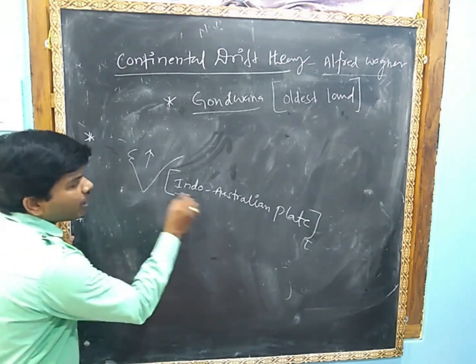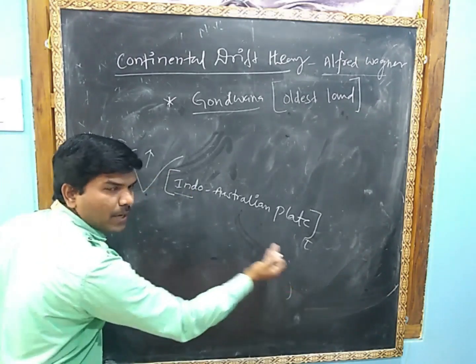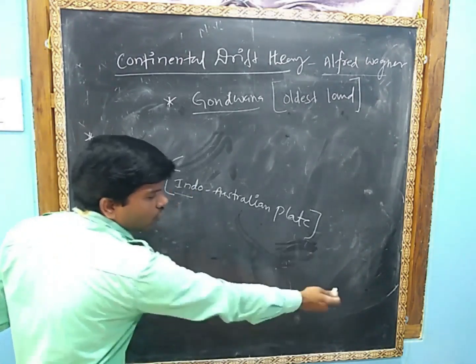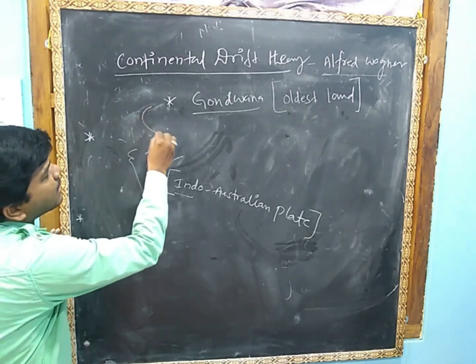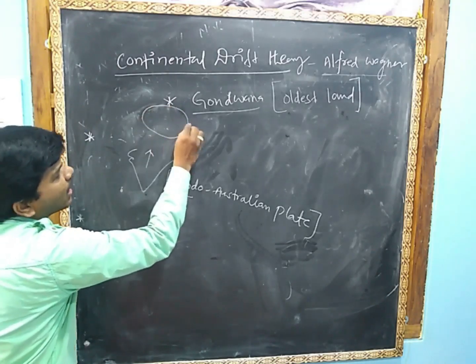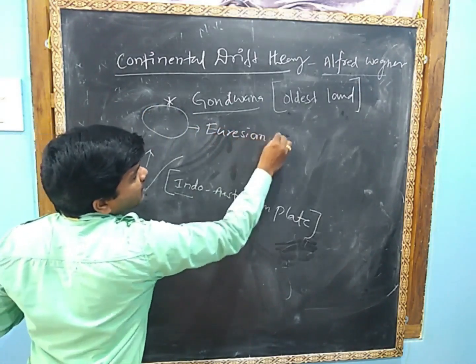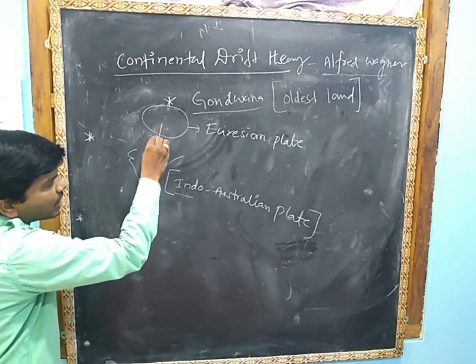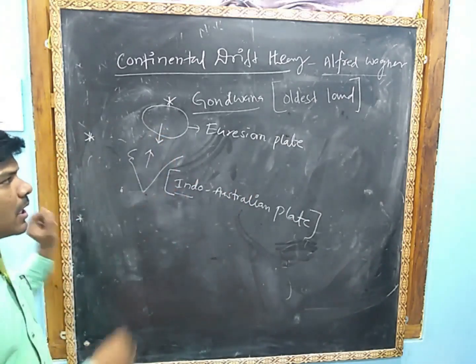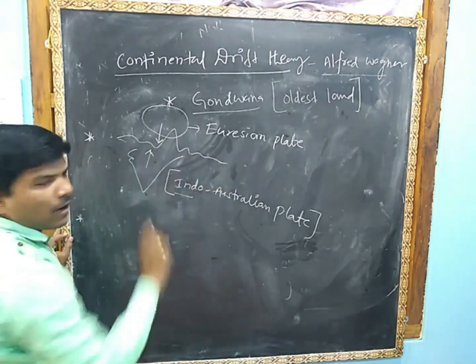India separated from the Indo-Australian plate, and Australia also separated from this plate and moved to the south. As India moved this side, there was another plate, called the Eurasian plate, coming together. These both collided. Hence the Himalayas are formed.